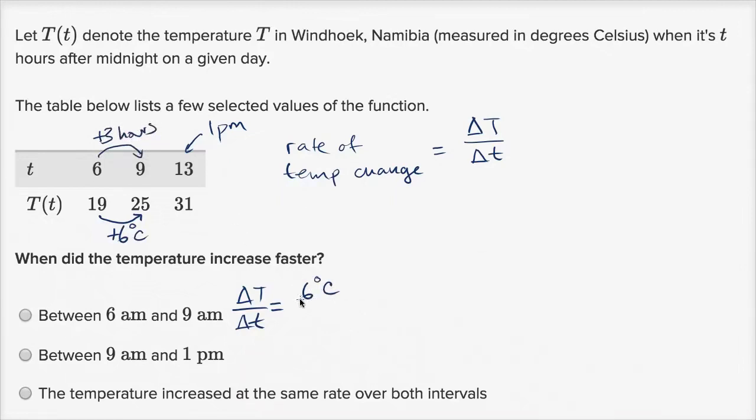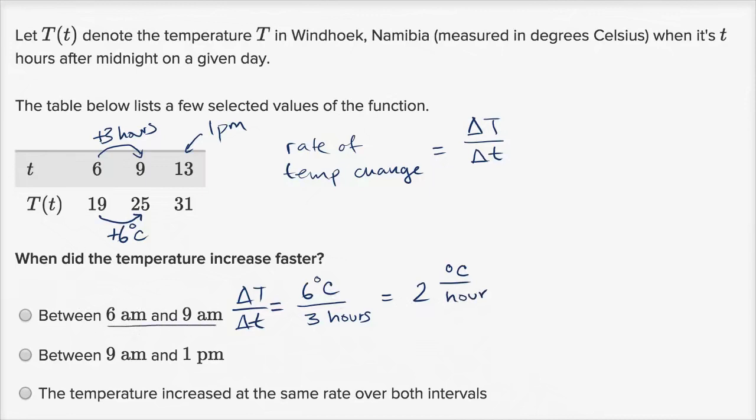So you're going to have a positive change of 6 degrees Celsius over a positive change. We've gone 3 hours into the future. So over 3 hours, we increased our temperature by 6 degrees. Or you could say it's an average rate of change of 6 divided by 3 is 2 degrees Celsius per hour. Notice I'm just keeping the units the same, degrees Celsius per hour. So that's the rate of change between 6 a.m.